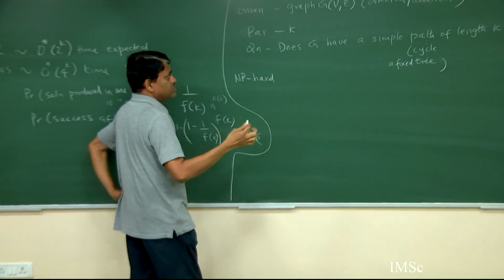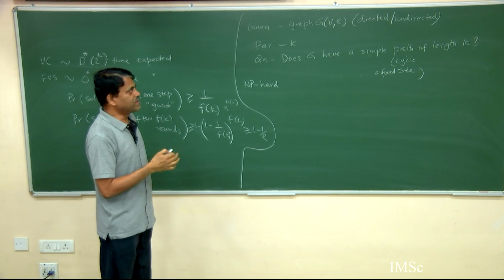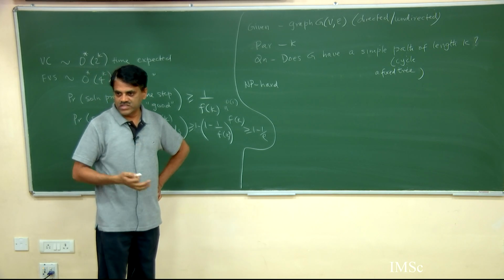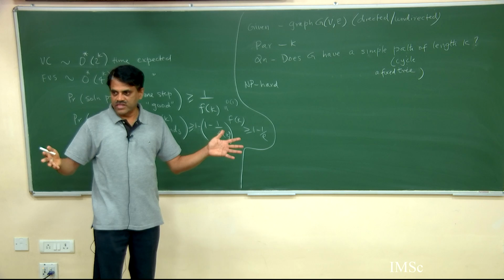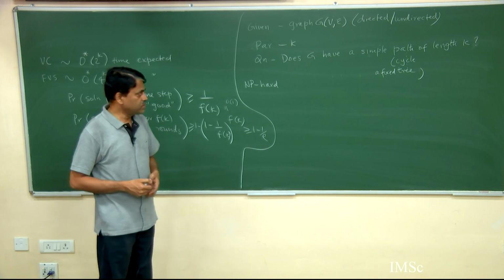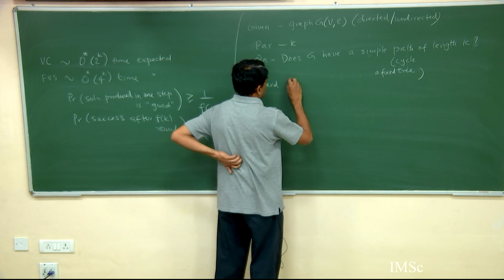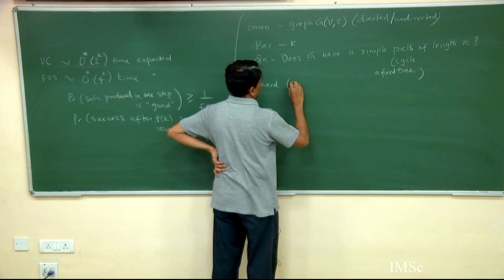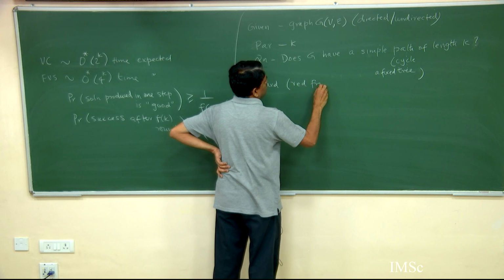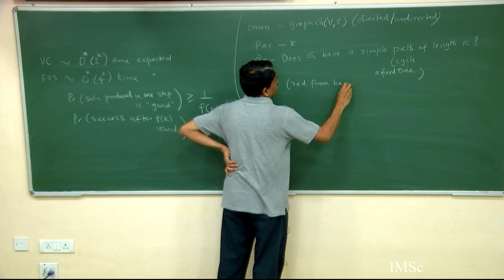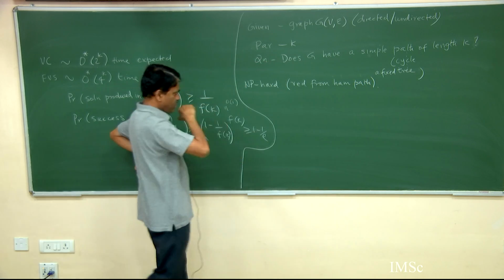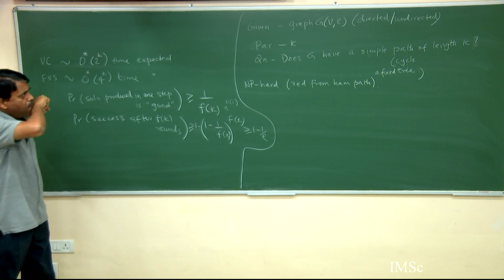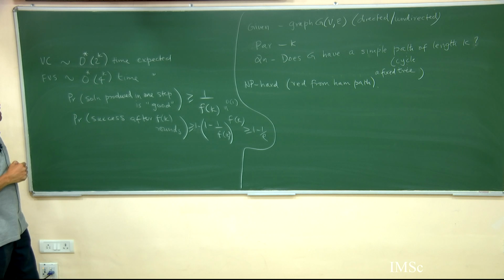We are interested in the longest path or a longest cycle. If the longest path length is n minus 1, then it is a Hamiltonian path or Hamiltonian cycle. So this is NP-hard by reduction from Hamiltonian path. Okay. Is there an n to the k kind of an algorithm?